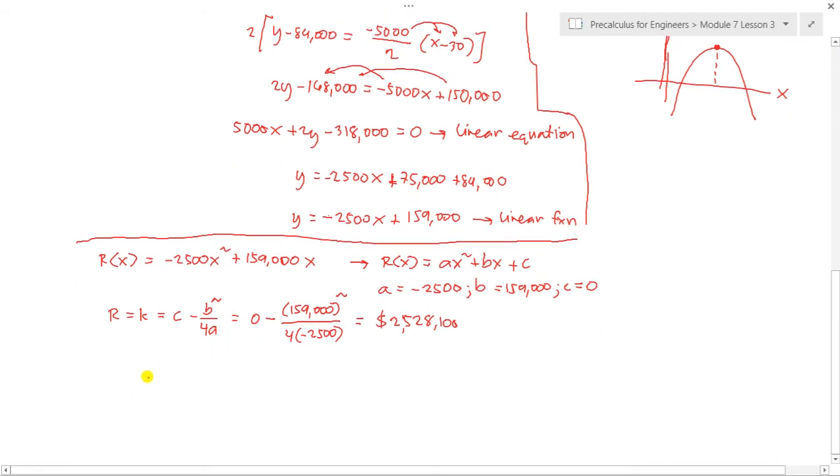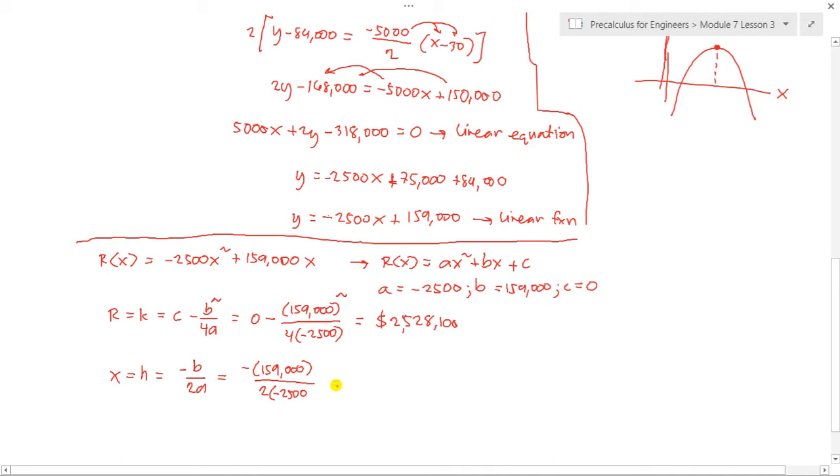How about the price at the maximum revenue? That is just x, which is equal to h for the vertex. So h is negative b all over 2a, which is the negative of negative 159,000 all over 2 times a, which is negative 2,500.